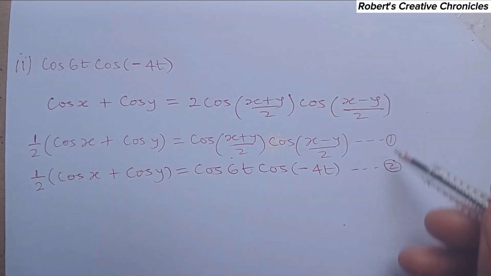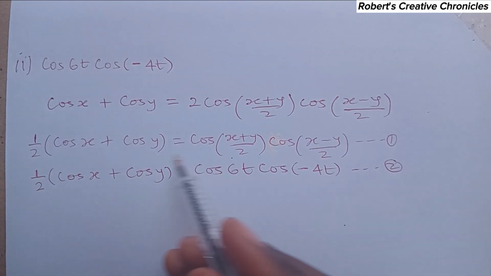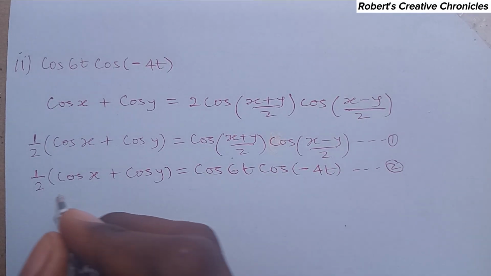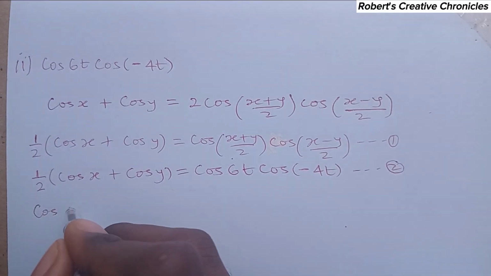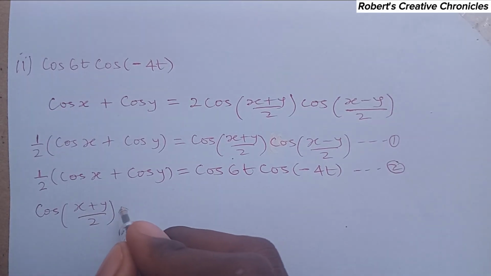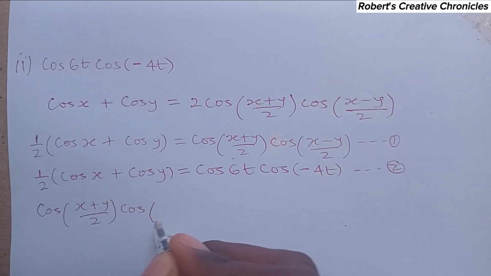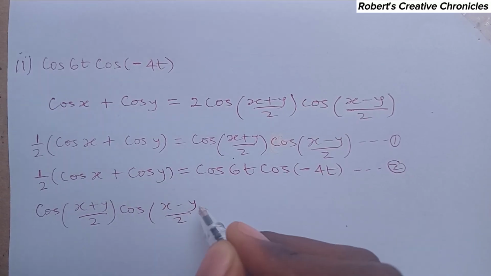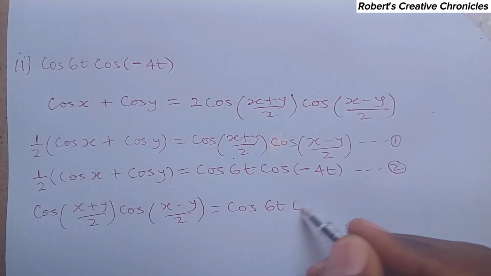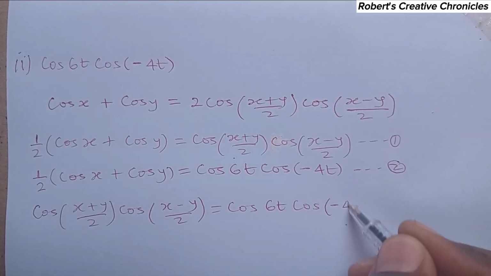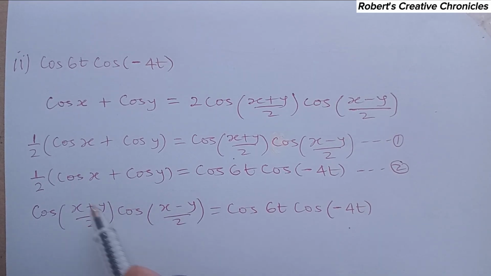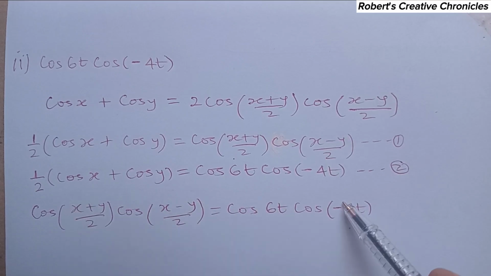Now we will equate equation 1 and 2. So this and this will cancel. Then this becomes cos (x plus y)/2 cos (x minus y)/2 equals cos 6t cos minus 4t. Now from this equation, you know that this is equal to this and this is equal to this.